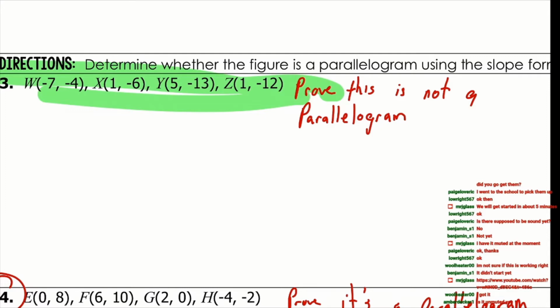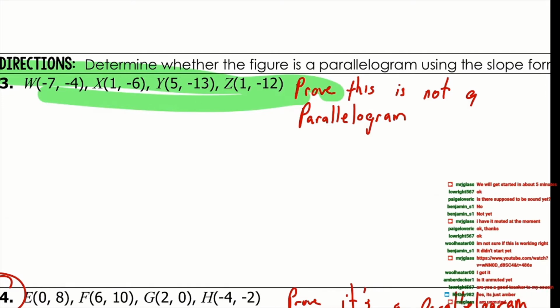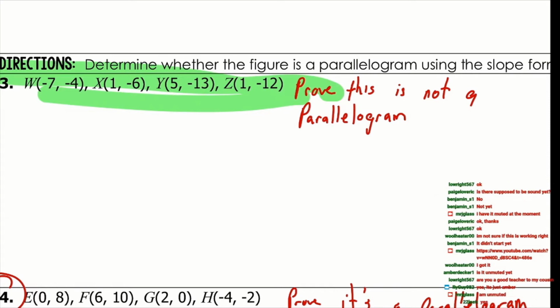Amber is asking if it is unmuted. Can you guys hear me, or is it just Amber? I'll give her a second.